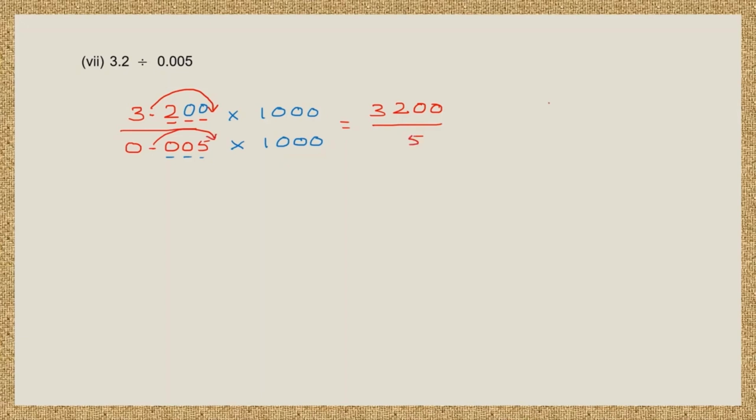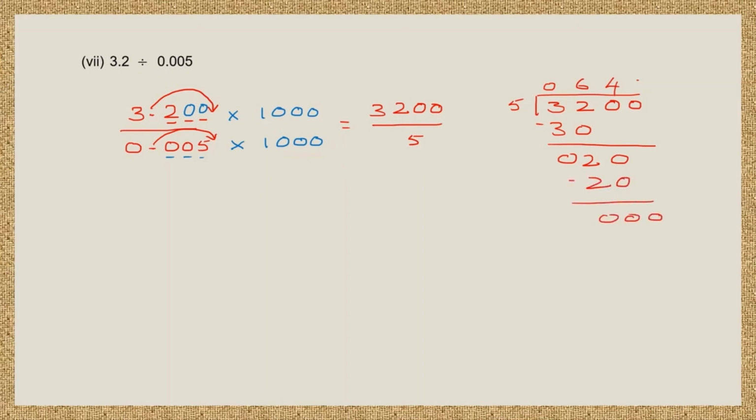So let's divide 3200 by 5. 5 sixes are 30, minus 2 and bring down 0. 5 fours are 20, minus, I bring down the 0. 5 zeros are 0. So my answer is 640.